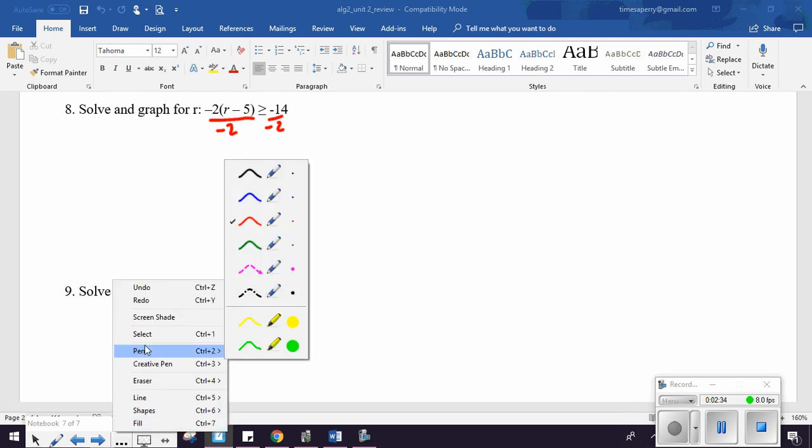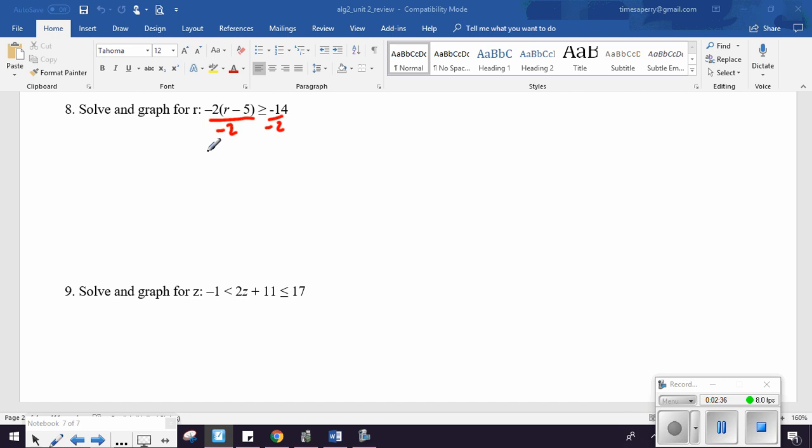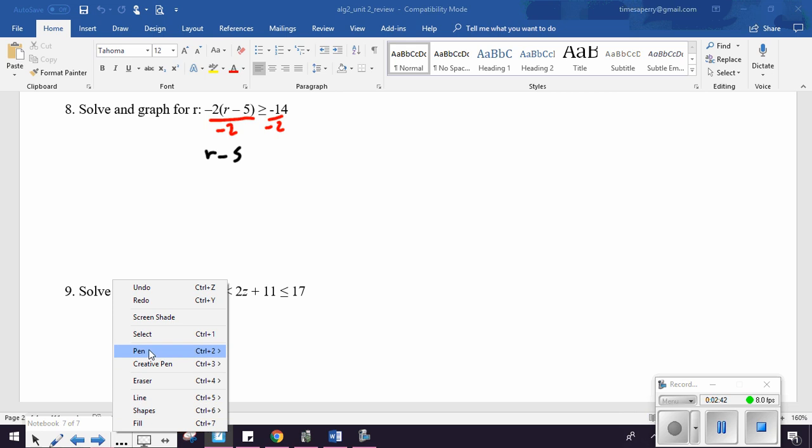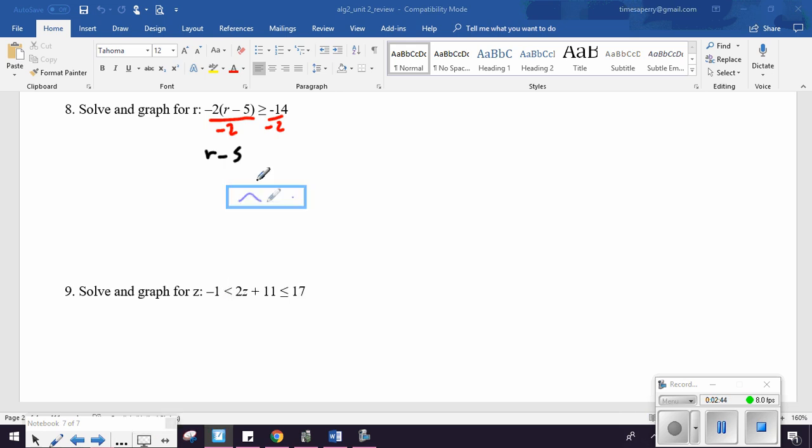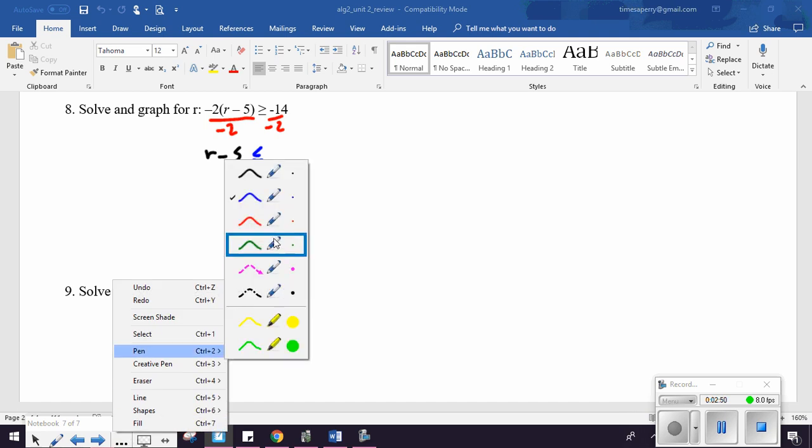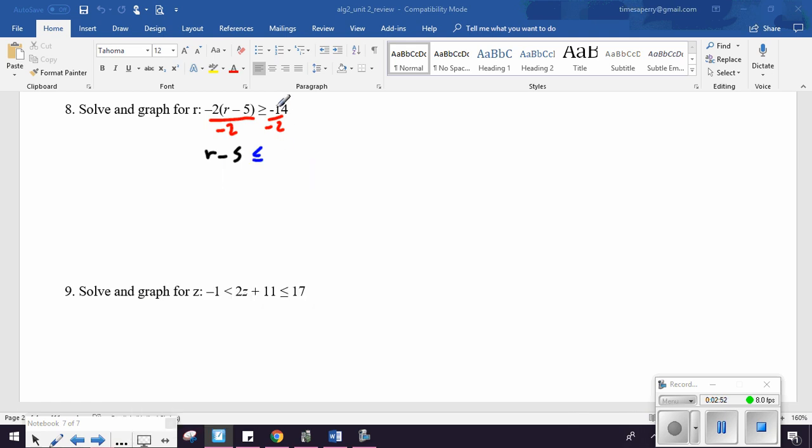When I divide by -2 on both sides, I'm left with r minus 5. And since I'm dividing by a negative, remember the inequality sign flips to the other direction. And then -14 divided by -2 is a +7.